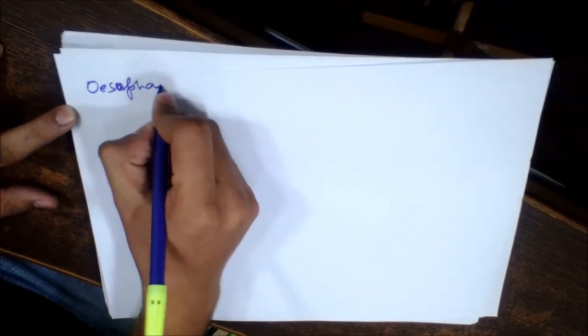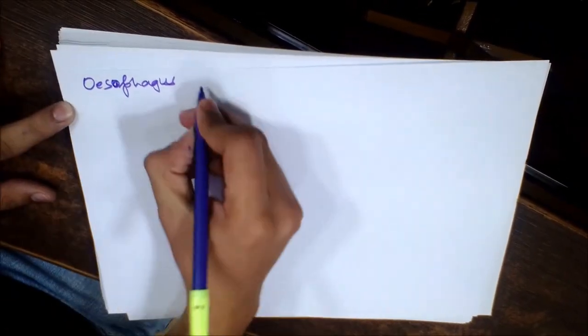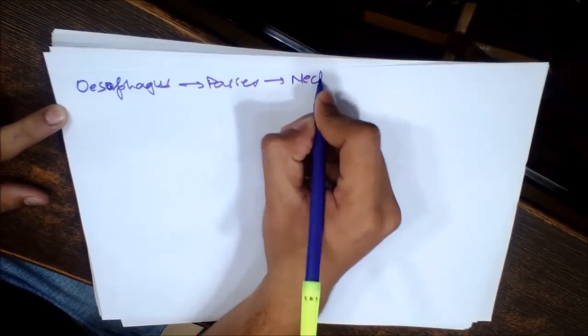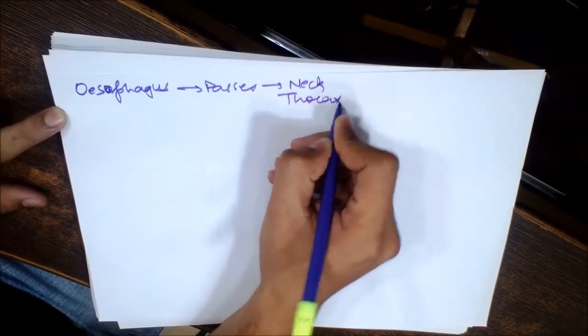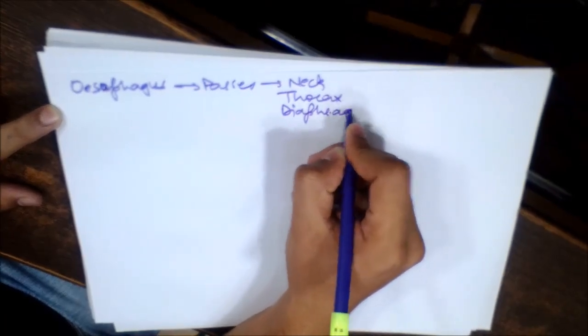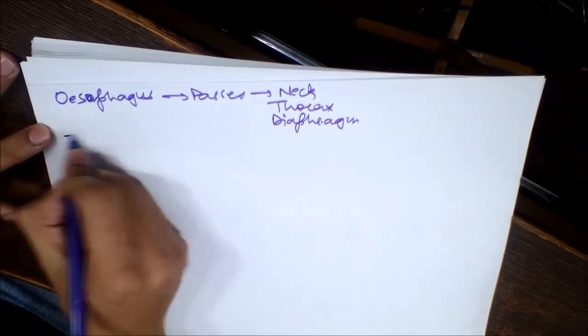After the pharynx, we have a part known as the oesophagus, which is a thin and long tube which extends posteriorly, passing through the neck, the thorax, and the diaphragm, and leads to a J-shaped bag called the stomach.